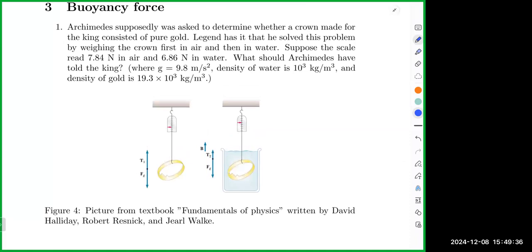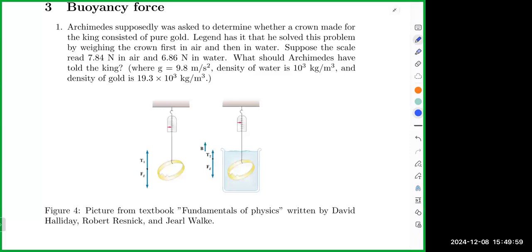So the king is not sure. Legend has it that he solved this problem by weighing the crown first in the air and then in the water.